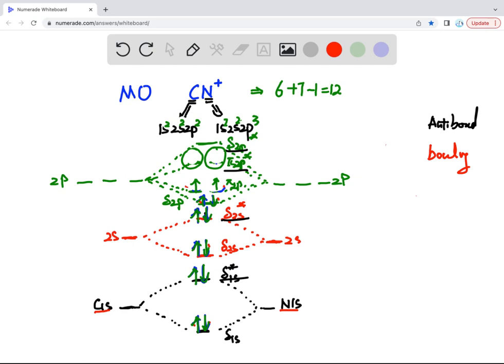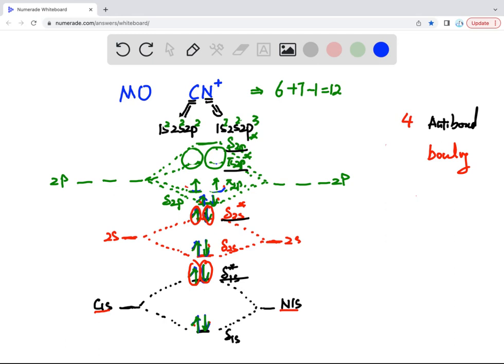Now we can try to answer some questions here. You'll find that when you have a star, it's an antibonding orbital. You have 4 electrons in the antibonding orbital.